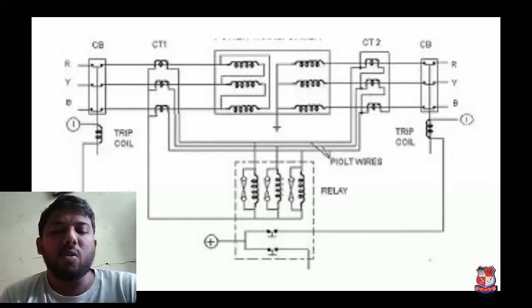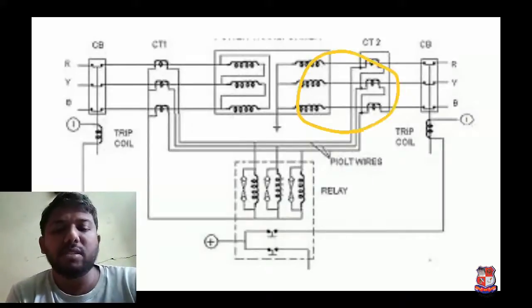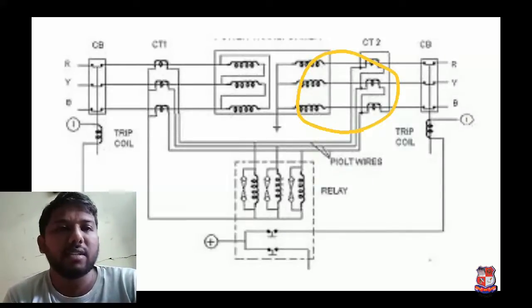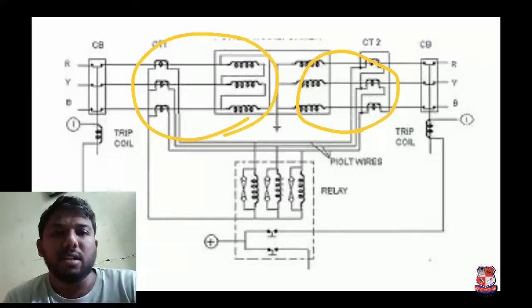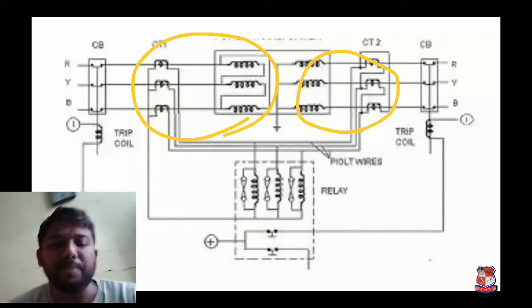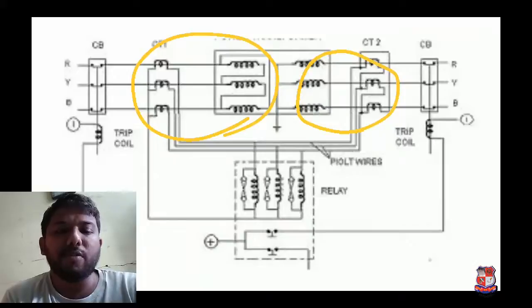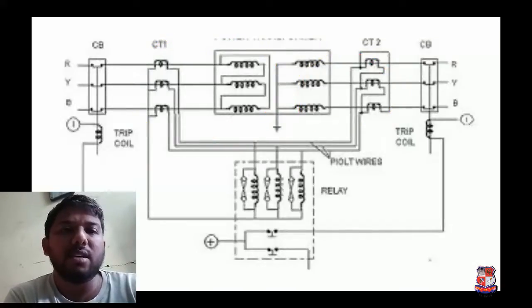The CT on the star connected side is connected in delta connection, and the delta connected winding is connected with star connected CTs. The neutral of CT star and power transformer star connection is grounded.